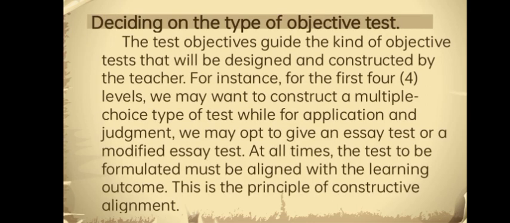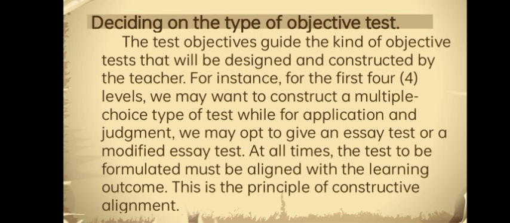So, the second important step in planning a test is deciding on the type of objective test. The test objectives guide the kind of objective test that will be designed and constructed by the teacher. It means aligning the test with the lesson or objective outcomes.